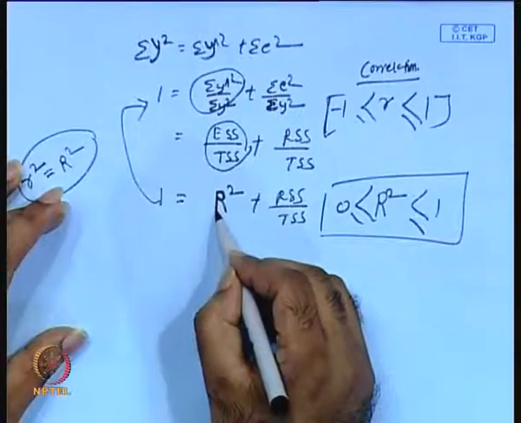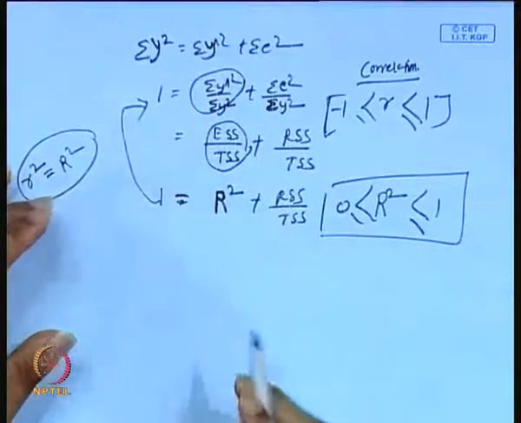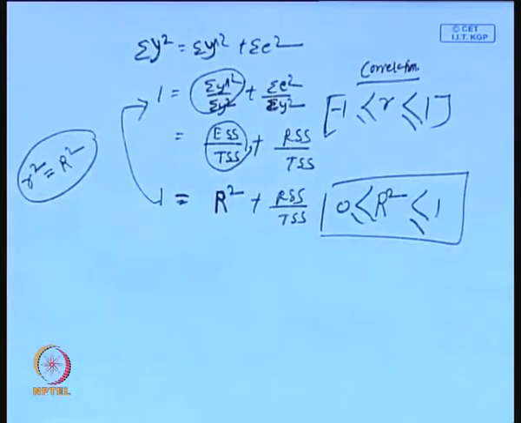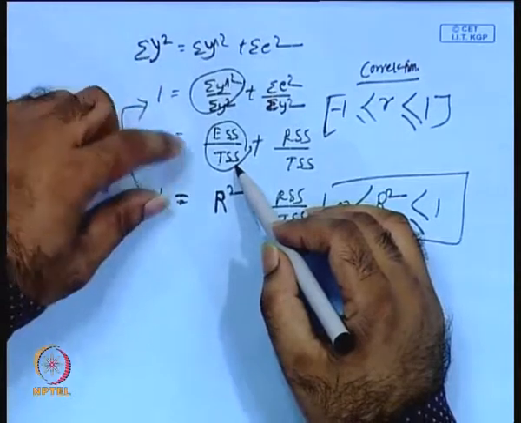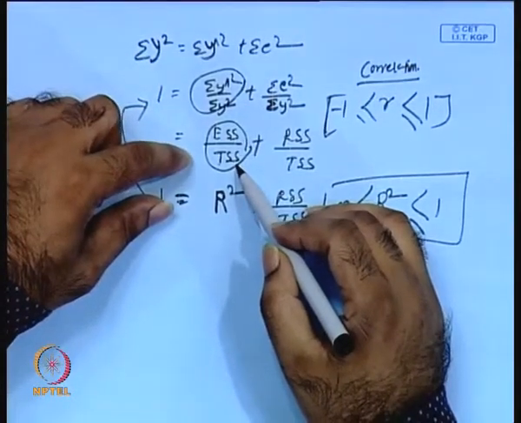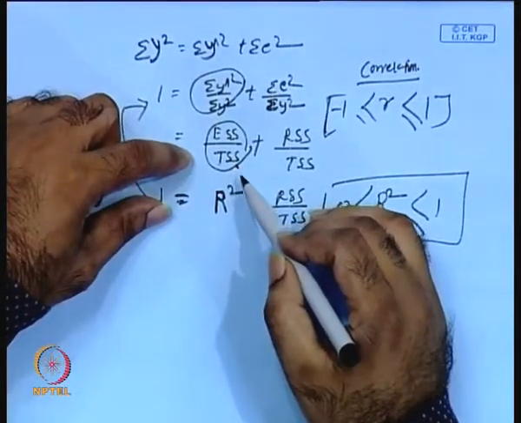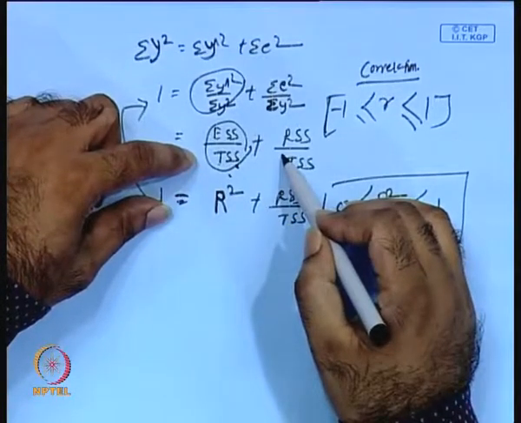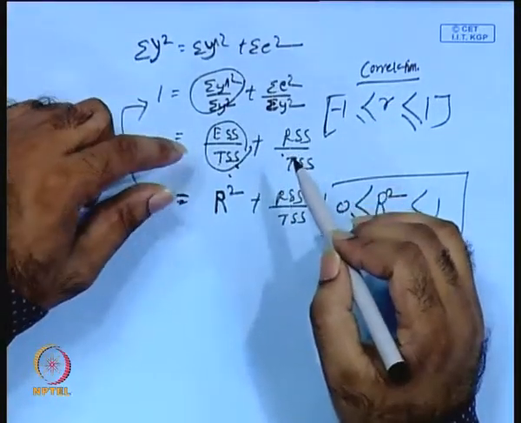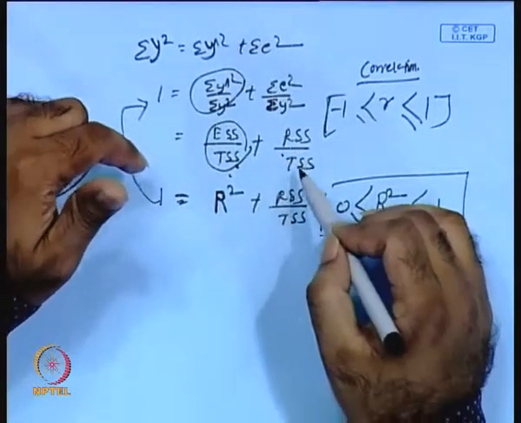The coefficient of determination is nothing but the proportion of variation of y which is explained by the proportion of variation of x. And this other component is the proportion of variation of y which is not explained by x.